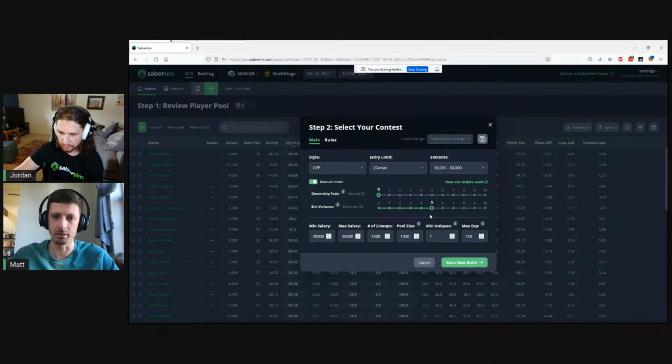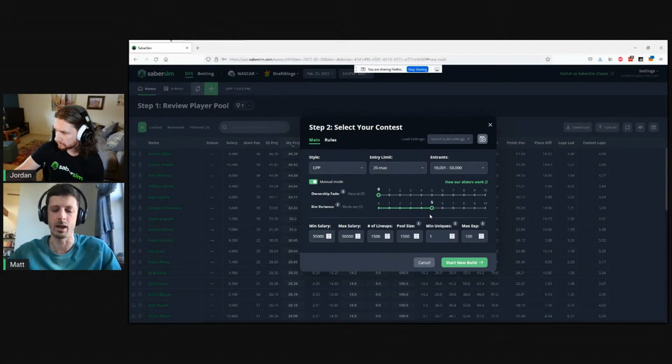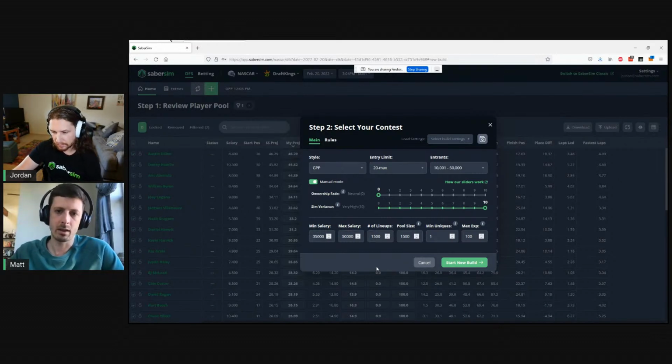But in my opinion, the way to really take advantage of the builder and its unique value for GPP lineups in NASCAR is to use a sim variance of 10, which is saying each lineup is only looking at one simulation of the race.